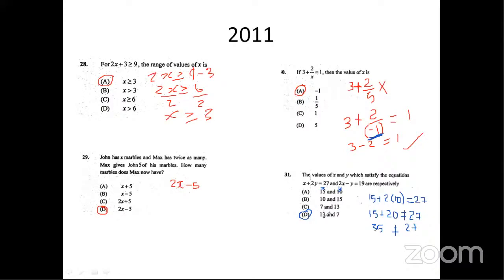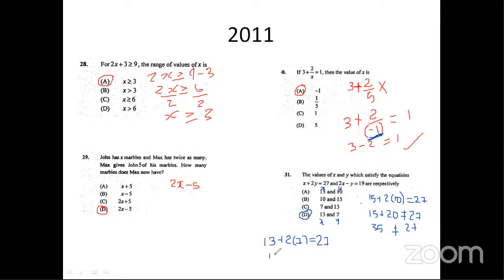So the correct answer is 13 and 7. Again, our x is 13, our y is 7. Testing to show you it works. Now we need to test both of our equations. We test the first one, x plus 2y. So we have x plus 2 multiplied by 7, and that should give us 27.